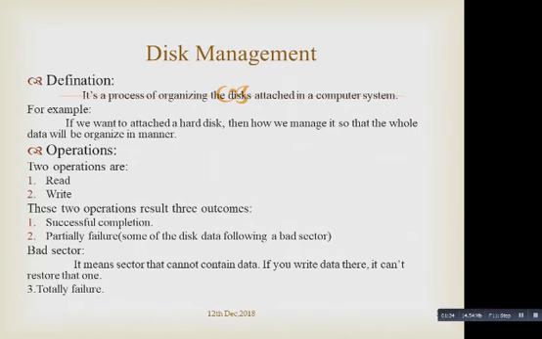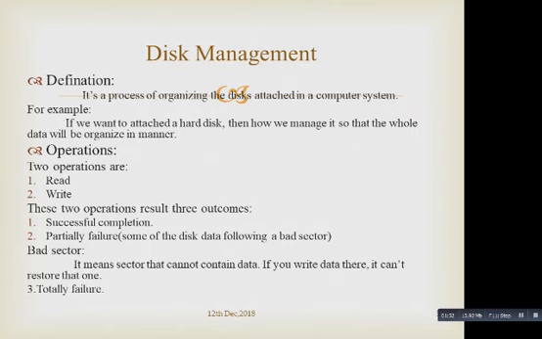Two basic operations are performed on the disk. Number one is read and number two is write. And we will get three possible outcomes as a result of these two operations. Number one is successful completion, number two is partial failure, and the third one is total failure. Successful completion means that we can successfully perform read and write operations on the disk.